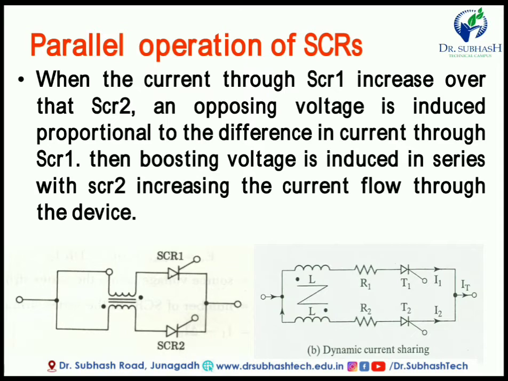parallel. When the current through SCR1 increases over that of SCR2, an opposing voltage is induced, proportional to the difference in current through SCR1. This boosting voltage is included in series with SCR2, increasing the current flow through the device.